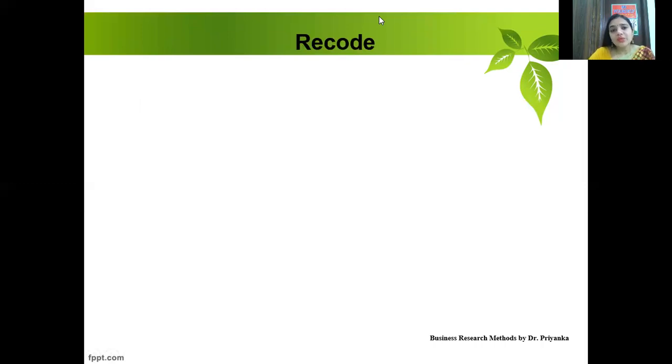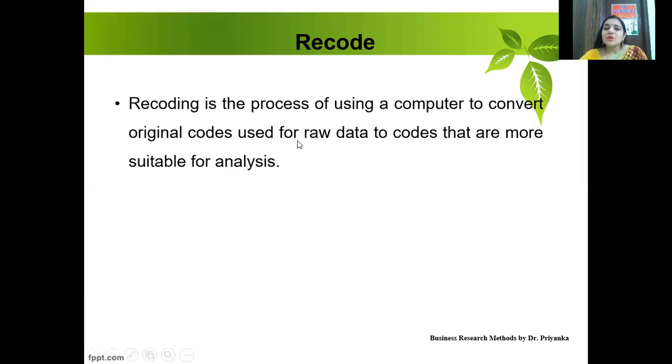Now, how would you recode the data? Sometimes there are certain questions which have been coded and then they actually need the recoding process. Let us see how. Recoding is the process of using a computer to convert original codes used for raw data to codes that are more suitable for analysis. For example, I have collected the data of sales of a company, and at the time of analysis, that is creating little trouble.